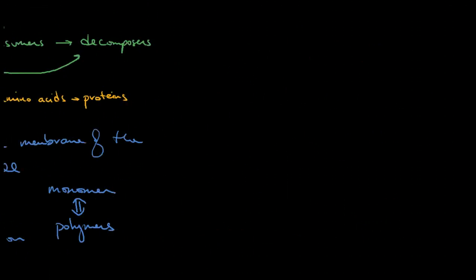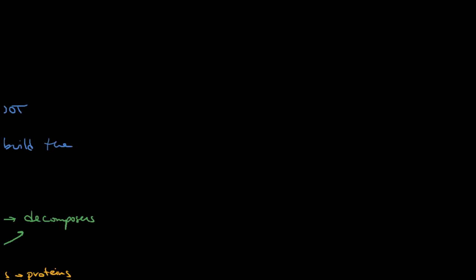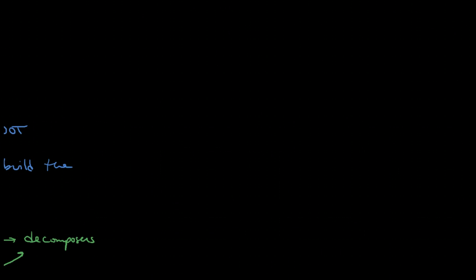So we're talking about digestion, and let's talk a little bit about enzymes. Enzymes, just so you know, are a type of protein. Not all proteins are enzymes, but it's a type of protein, made of amino acids.